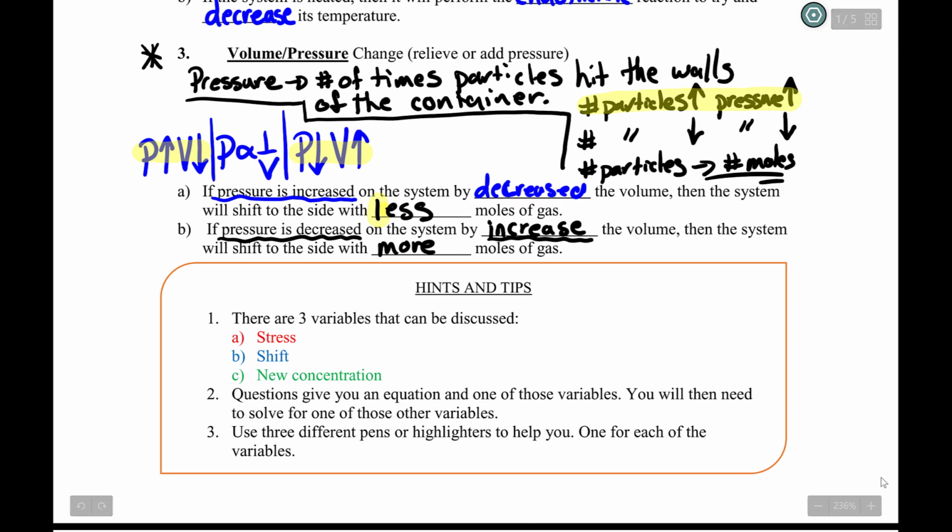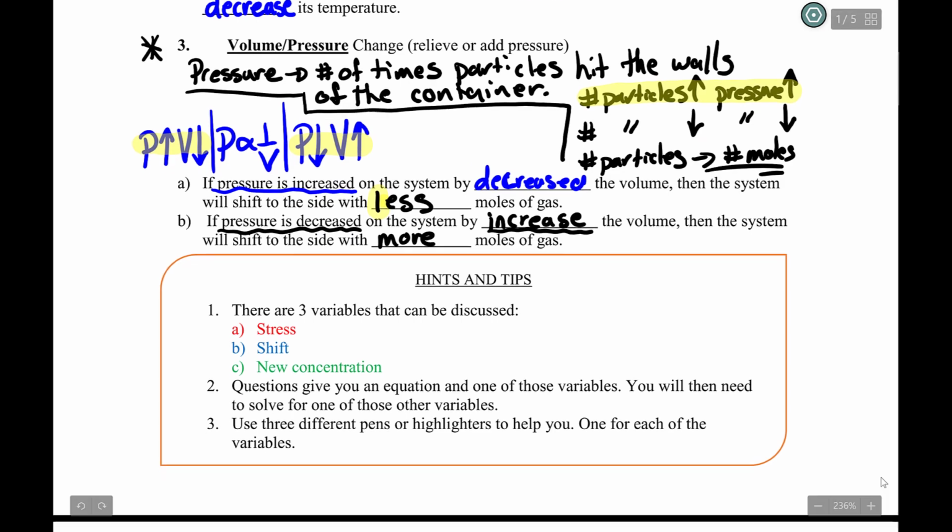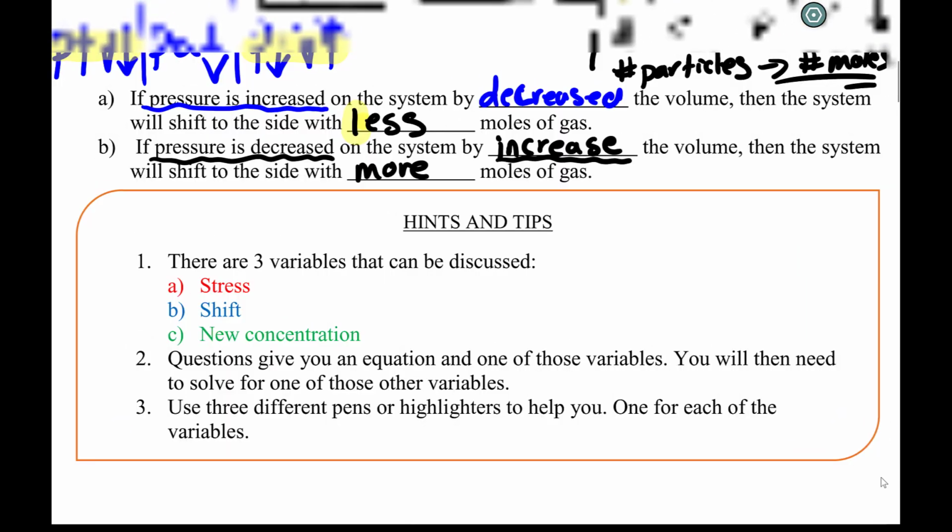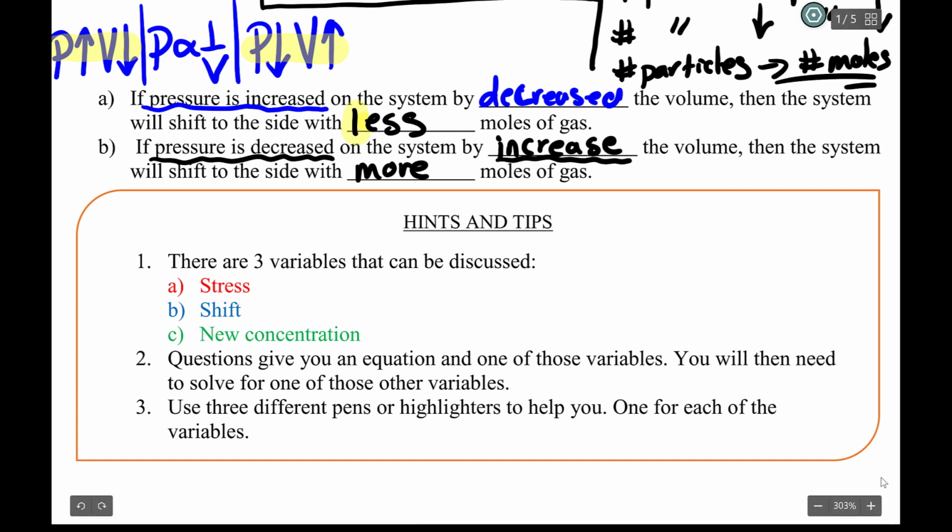Now, before we do that, I just want to talk about questioning and how it works and really what we're looking at here. In any Le Chatelier principle question, you're really looking at three different variables that can be discussed. First of all, a stress has to be applied on the system, whether that's temperature, pressure, volume, adding or removing something.